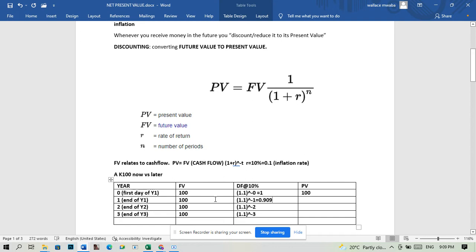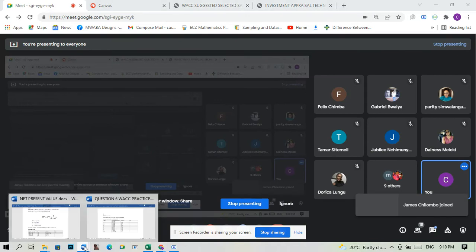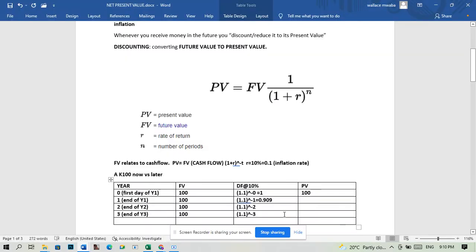Right, so let's multiply this 0.909 times 100. So 100 kwacha after 1 year is worth 90.9 kwacha now. That's what we're basically saying. After 1 year, the same 100 kwacha is worth 90.9.